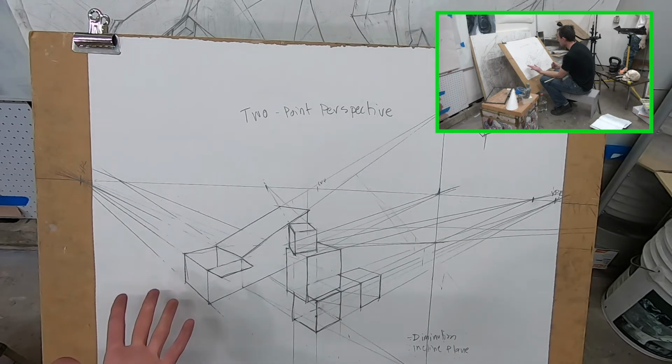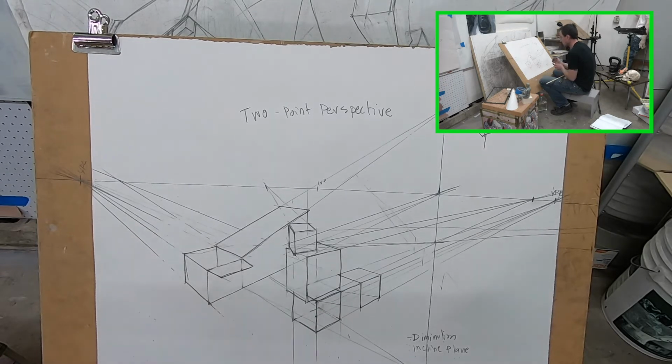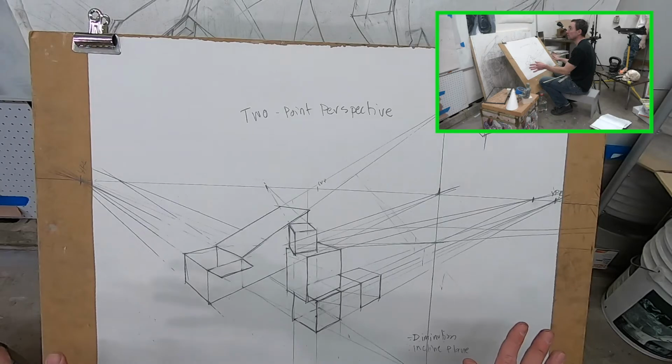And then our last one is scale. So we don't really have scale. Well, we do with our diminishing in space, smaller objects compared to larger objects. So we've got all 5. Okay, let's move to 3-point perspective. Okay.